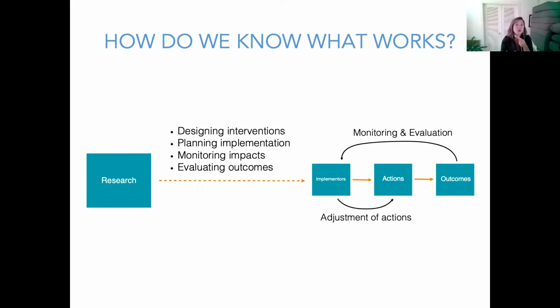So evidence from scientific research, from practitioner knowledge, from traditional and local knowledge can contribute to the types of decisions that we're trying to make and to the implementation process itself. In particular, it can provide insight into how we actually design these interventions so that they are specific and relevant to particular contexts and help us achieve our desired objectives.